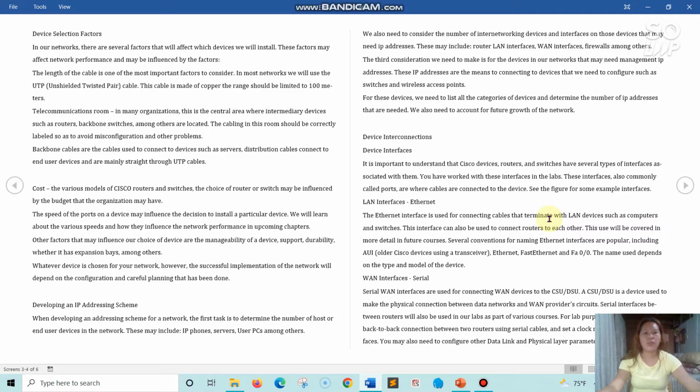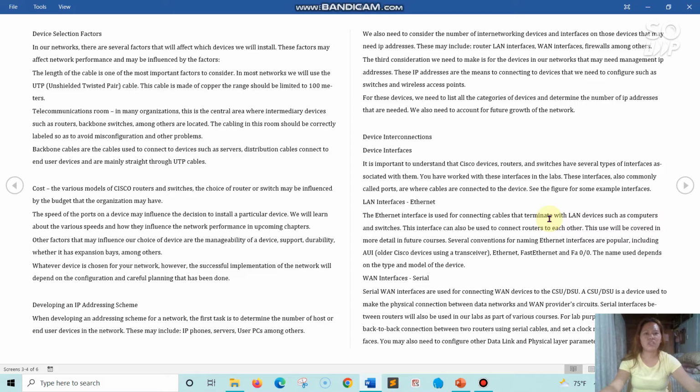We also need to consider the number of internetworking devices and interfaces on those devices that may need IP addresses. These may include router LAN interfaces, WAN interfaces, and firewalls, among others.